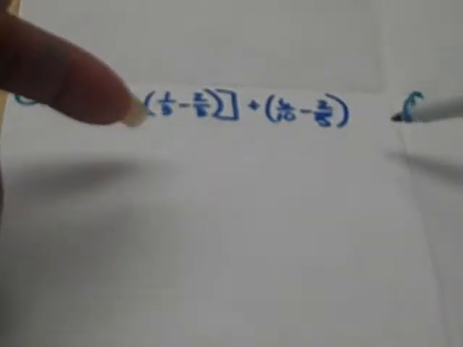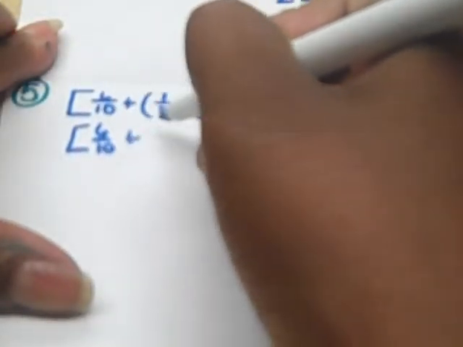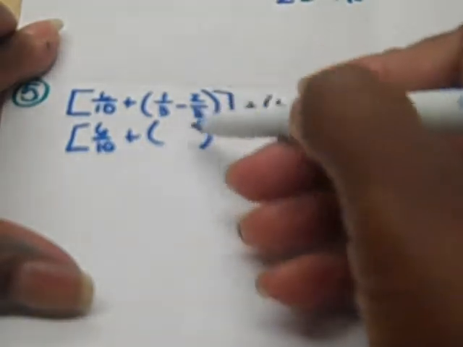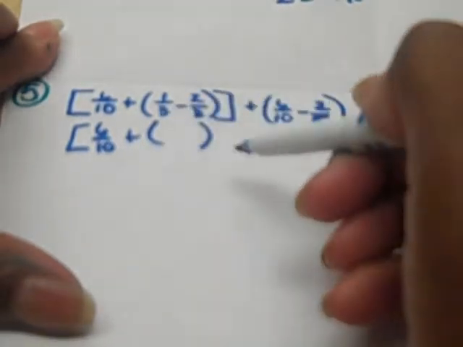Okay. Number 5. We're going to work this one out together. We're asked to simplify. So we have brackets and parentheses, and we will start within the brackets. So we have 6/10 plus 1/3 minus 2/3, same denominator.